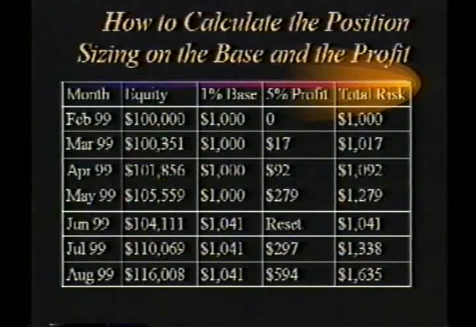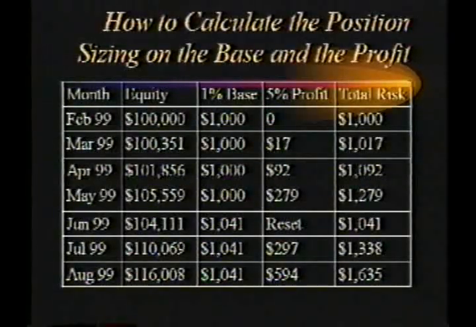So let's take a look at the examples that we used in the second tape and show how that might be applied to using base equity. So in February 1999, we had equity of $100,000. We're going to risk 1% of our base, which is $1,000, and 5% of our profit. We have 0 profit, so our risk on all new positions would be $1,000.